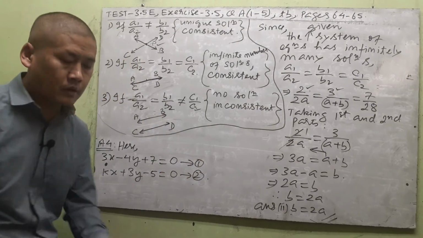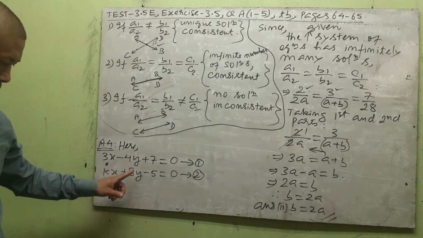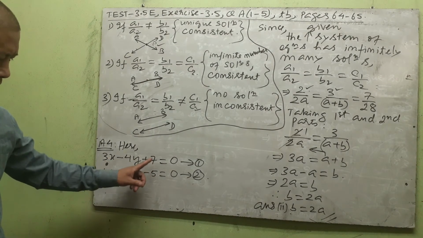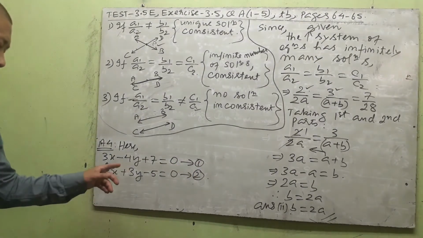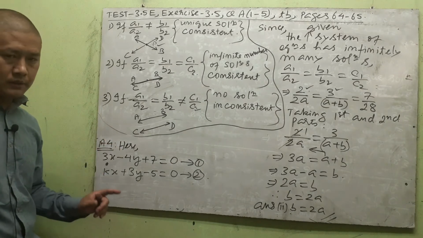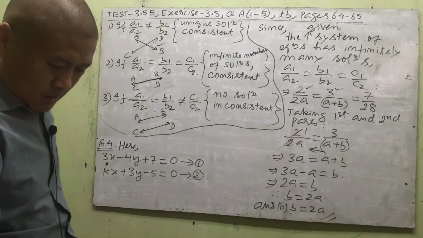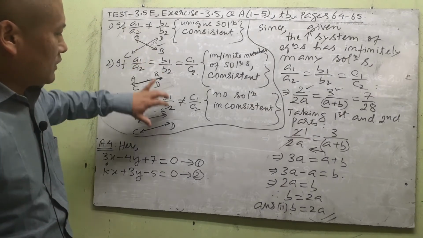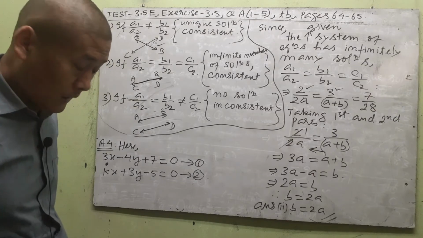The pattern matches: x term in first place, y term in second place, and c1 and c2 on the left side. We have to make sure the pattern matches before we start solving, because we're doing the three conditions for linear equations. Here we have to find the value of k.